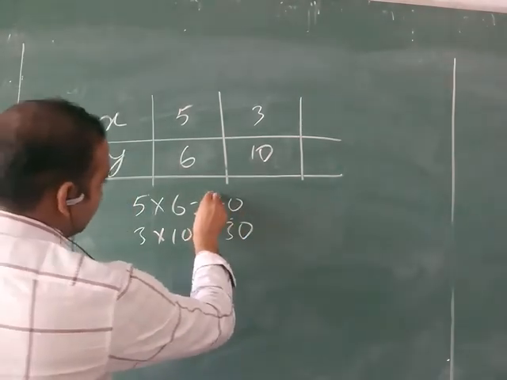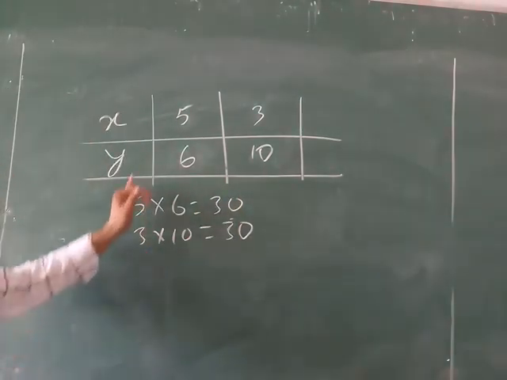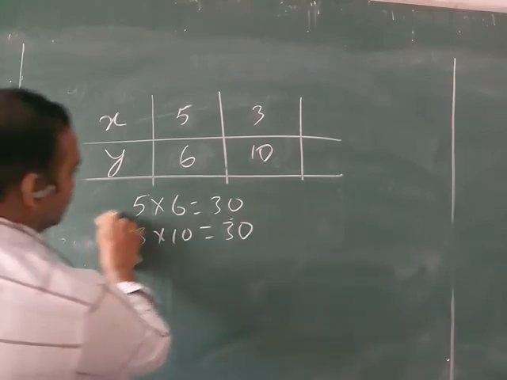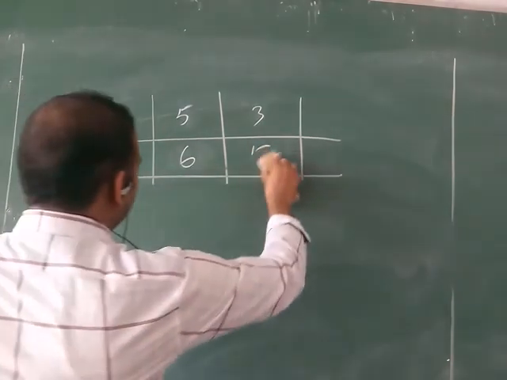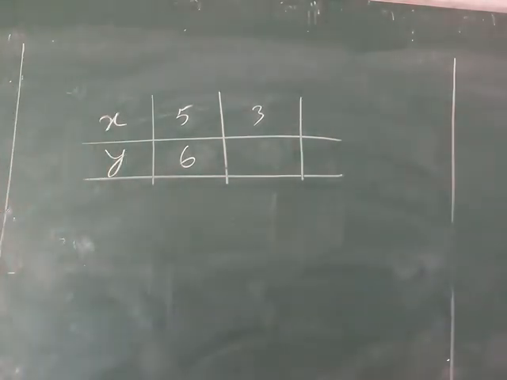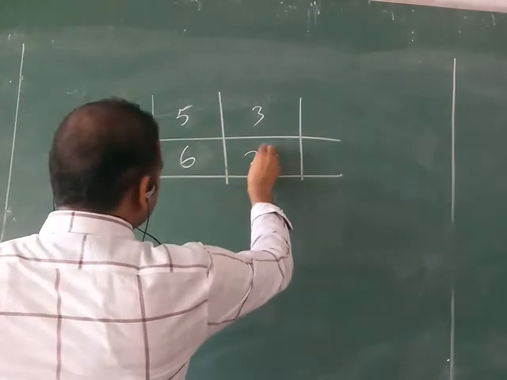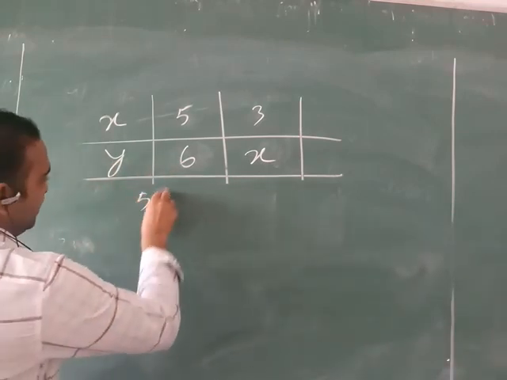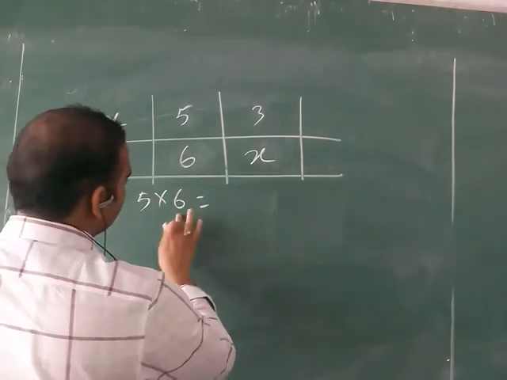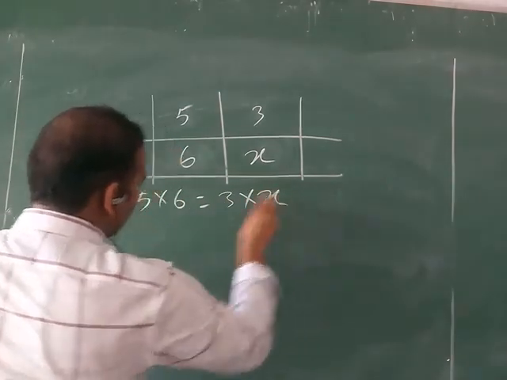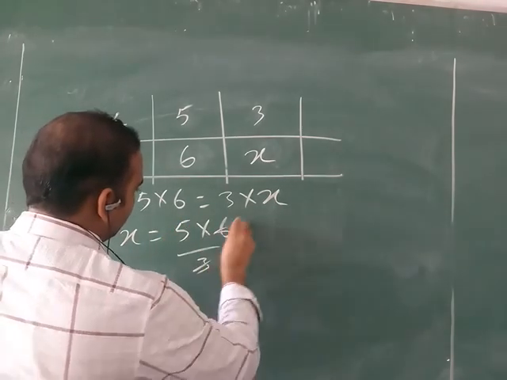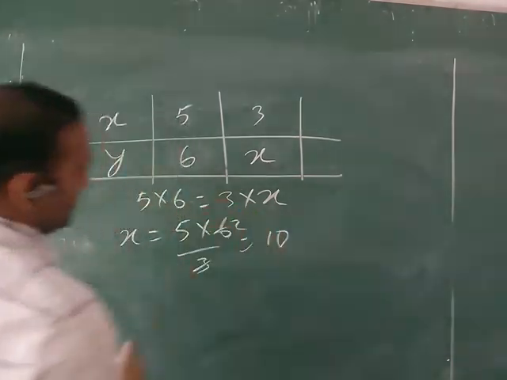That is, the products are constant, so it is inverse variation. And if it is given that it is inverse variation, then 5 into x equals 5 into 6 equals 3 into x, so x equals 5 into 6 by 3, that is 10.